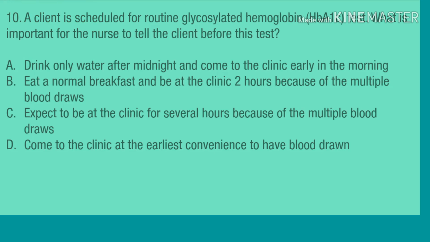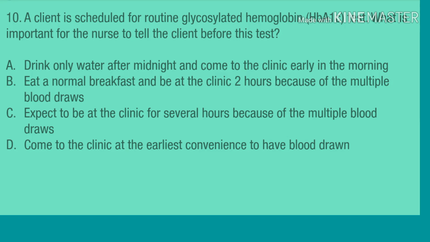Question 10. A client is scheduled for routine glycosylated hemoglobin, A1C, test. What is important for the nurse to tell the client before this test? A. Drink only water after midnight and come to the clinic early in the morning. B. Eat a normal breakfast and be at the clinic 2 hours because of the multiple blood draws.